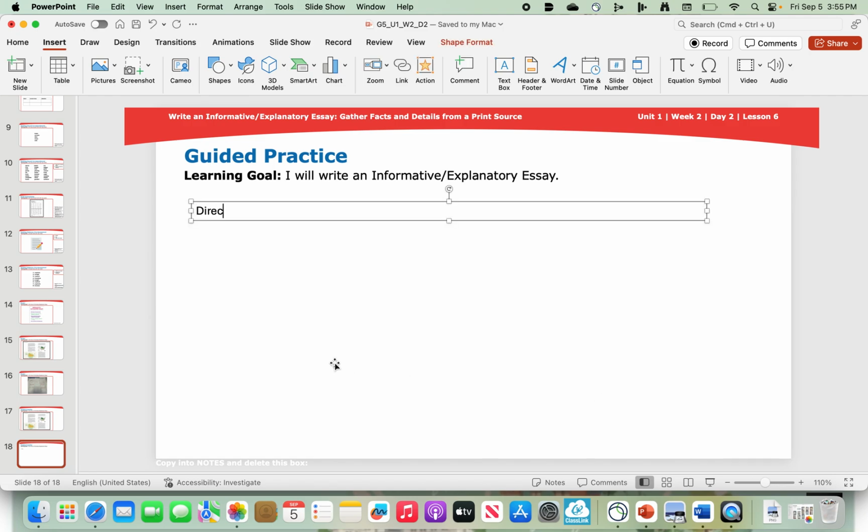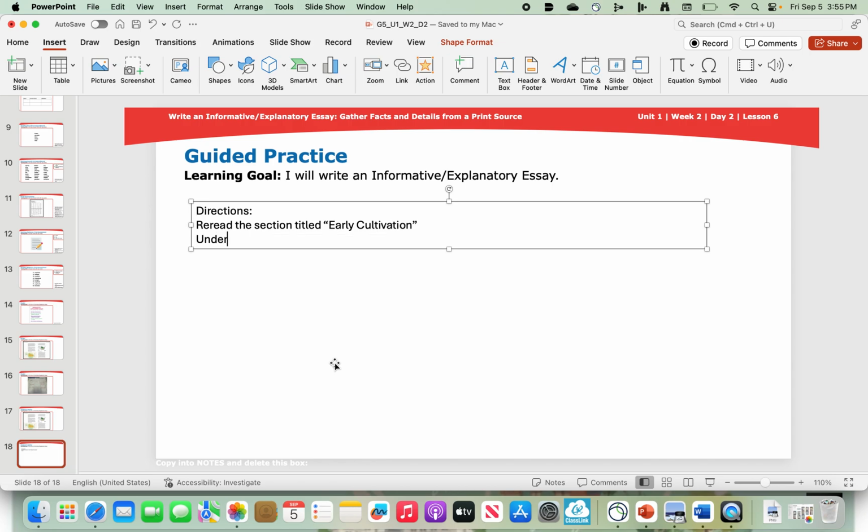All right, here are the directions. Reread the section titled Early Cultivation. Underline facts and details and record them in your notes.